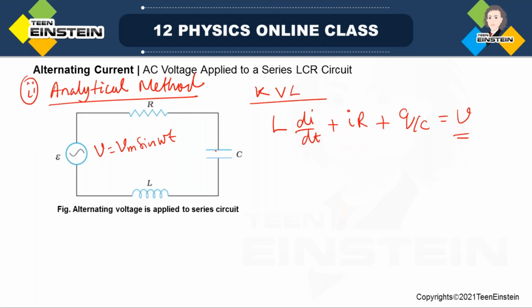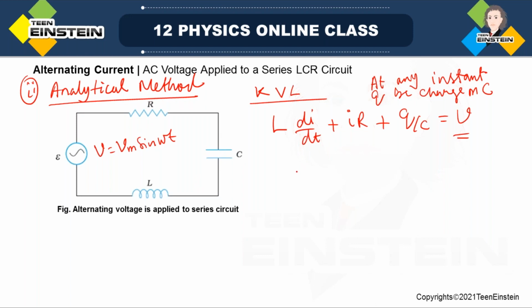So this is the equation. As we have already discussed, suppose at any instant Q is the charge on C and I is the current flowing through each element.